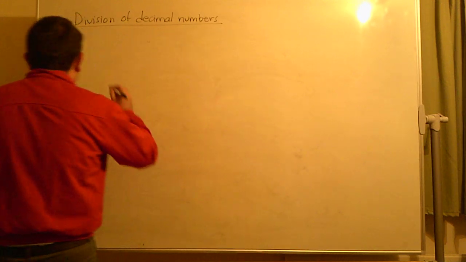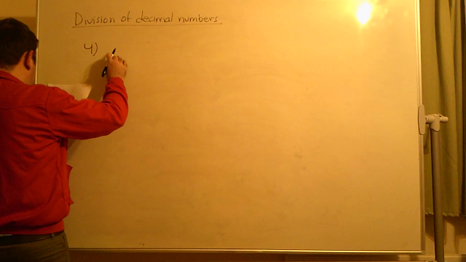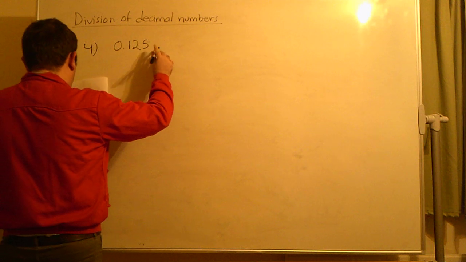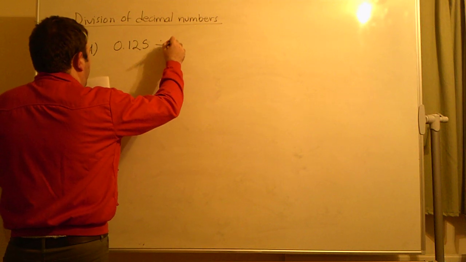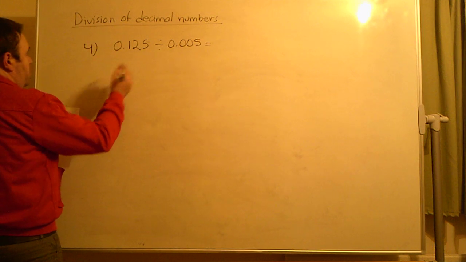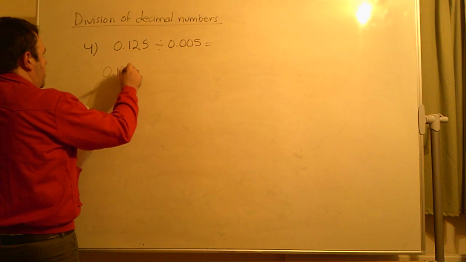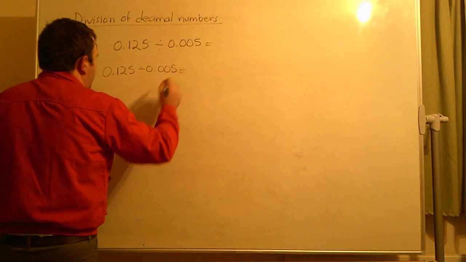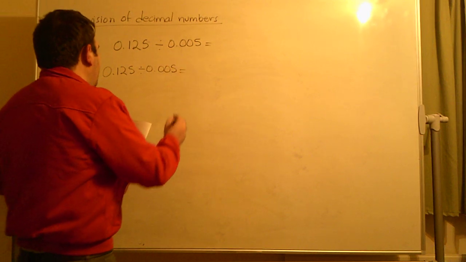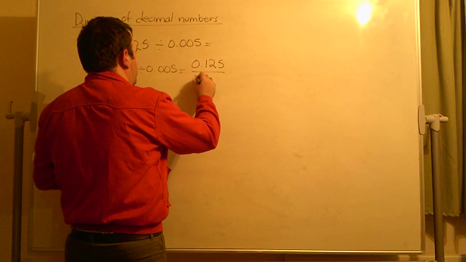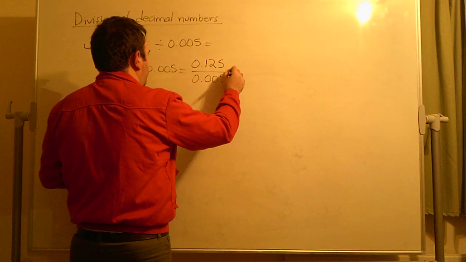Another example. 0.125 divided by 0.005. So we write it down here like this: 0.125 divided by 0.005.